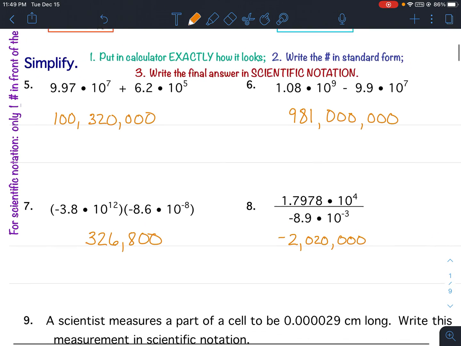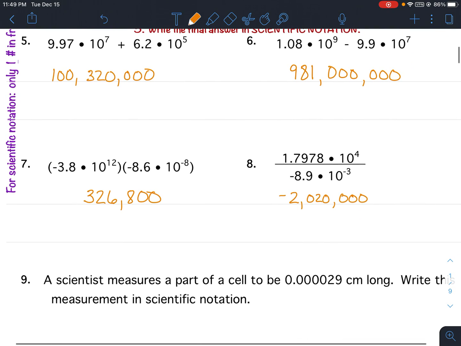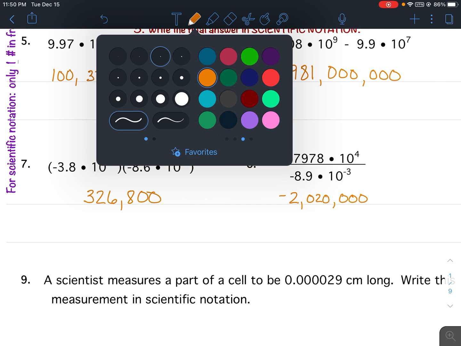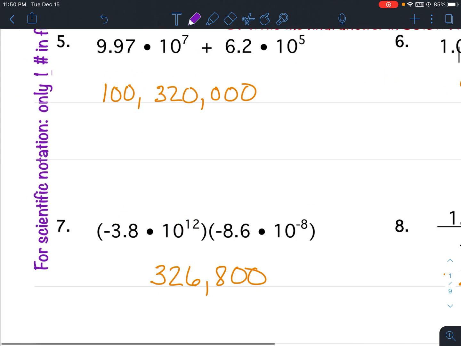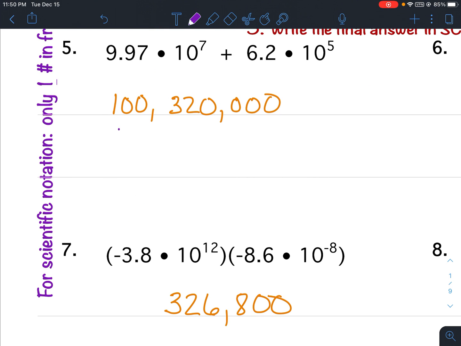All right, so if you need to, take a moment, pause your video, get those numbers written down. Okay, time to write these in scientific notation. So remember, one number before the decimal. 1 is my first non-zero number, so after that is where I put the decimal.